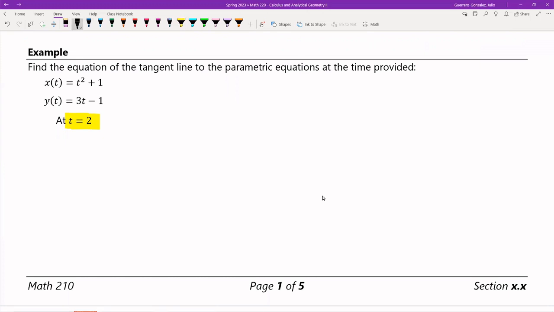If you guys recall, when we do the equation of a tangent line, we're looking for y equal mx plus b. So we need to find the m and we need to find the b.